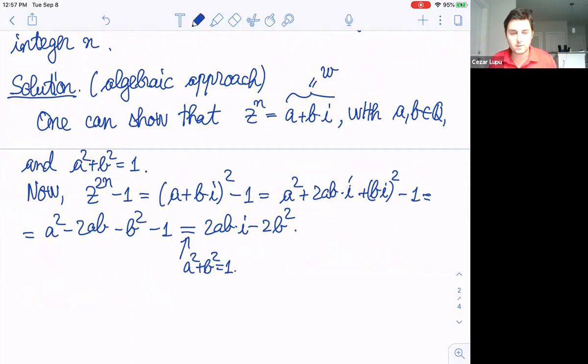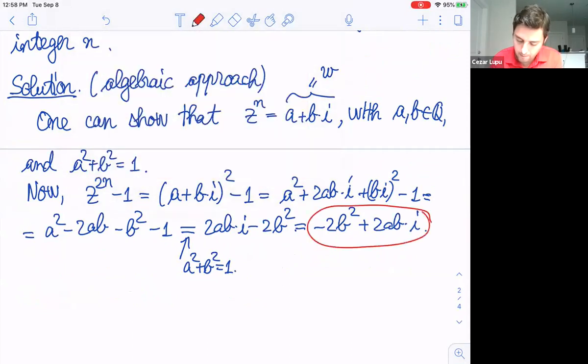Now, again, this is a complex number. Let me write it as negative 2b squared plus 2ab times i, right? z to the 2n minus 1 is written in this way, as you can see here. All right, great.